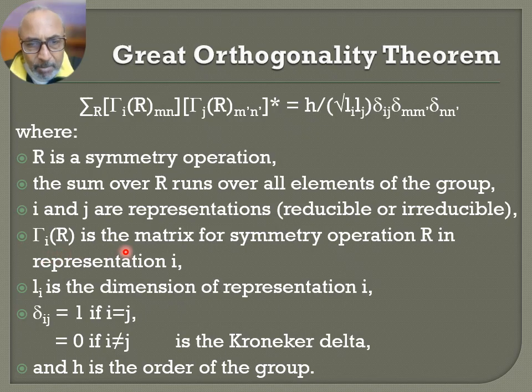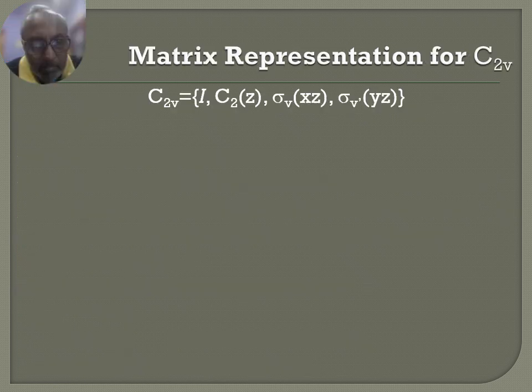Gamma I of R is the matrix for the symmetry operation R in the representation I. l_i and l_j are the dimensions of the representations I and J, and delta_ij is the Kronecker delta. h is the order of the group. The great orthogonality theorem is actually several different theorems combined into one compact mathematical statement, as we will see.